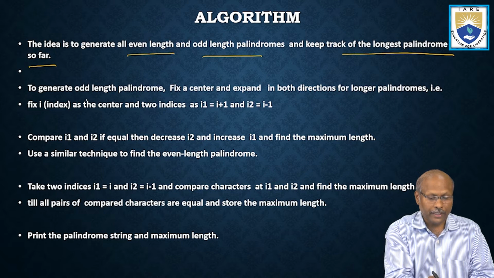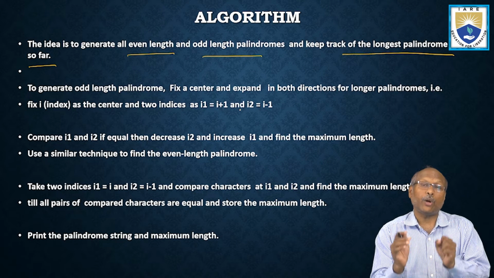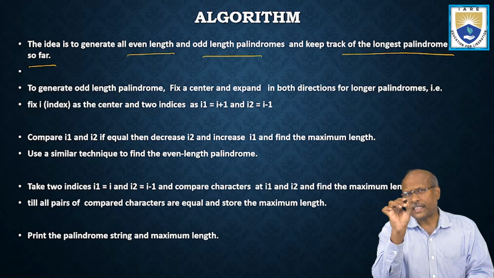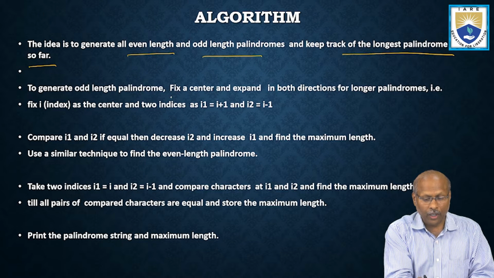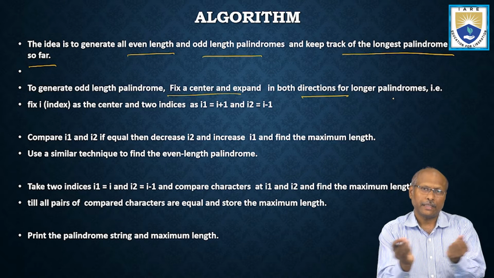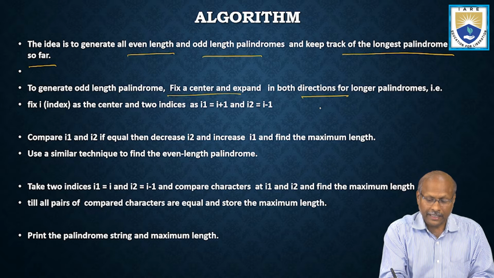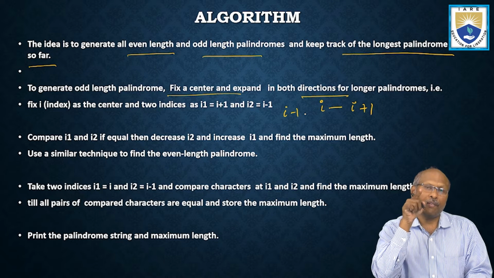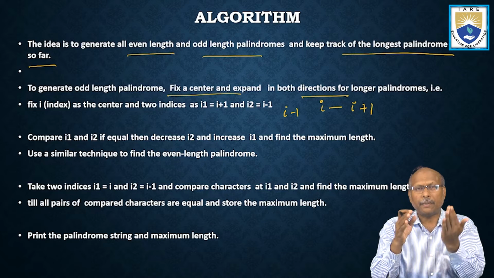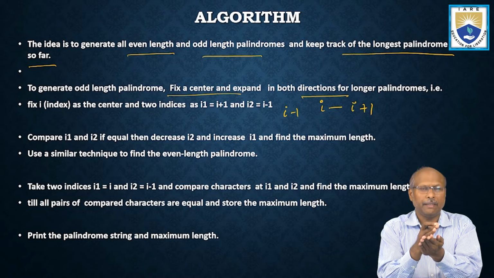So how do we generate odd length palindromes? You have to take one character as a center point. To generate an odd length palindrome, fix a center and in both directions find the corresponding characters. If i is the center, its right side is i plus 1 and its left side is i minus 1. That means for every index you have to check its left character as well as its right character. If both are equal, then it is a palindrome.